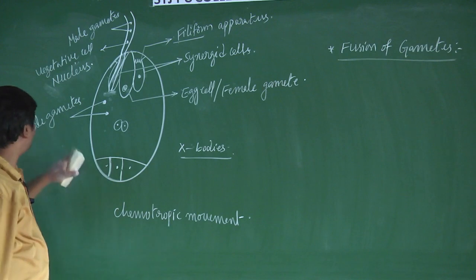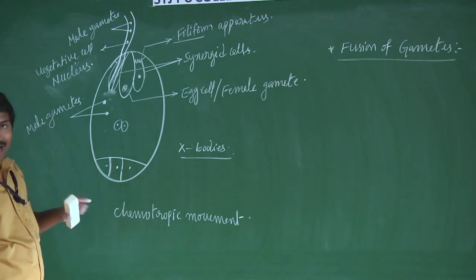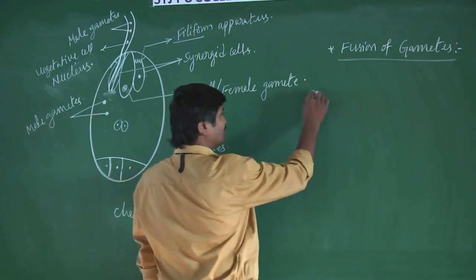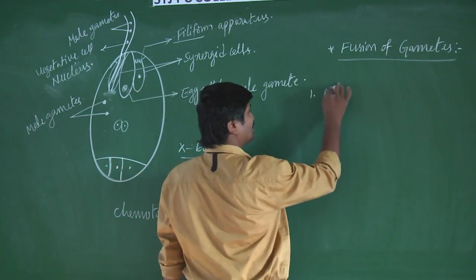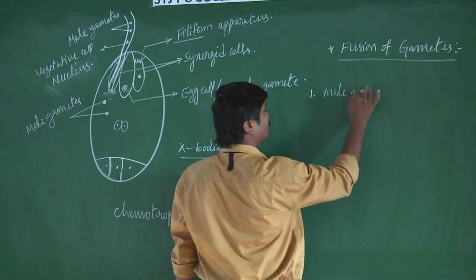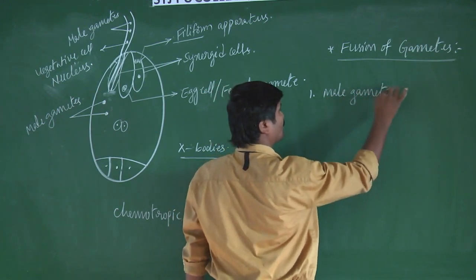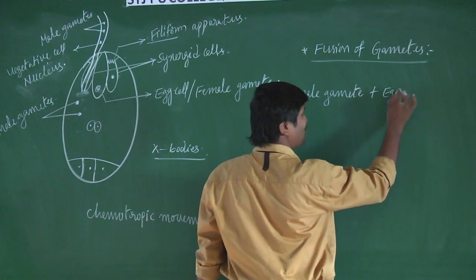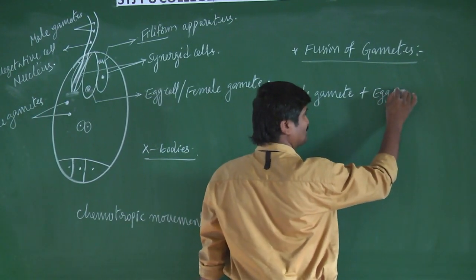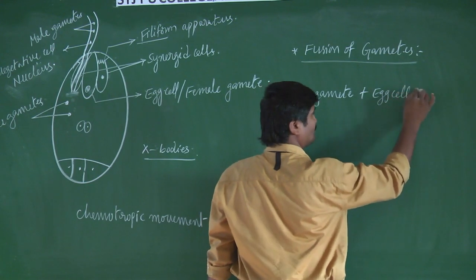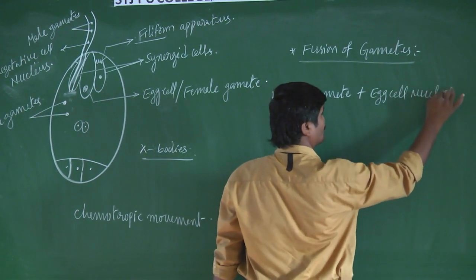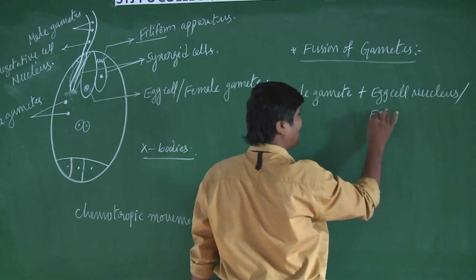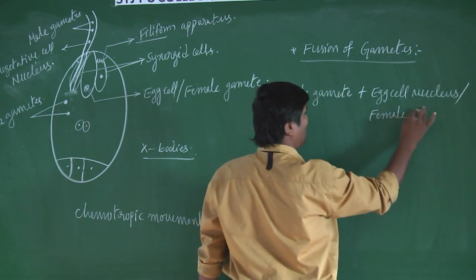First fusion. See here. Of the two male gametes, one male gamete fuses with the egg cell. The male gamete fuses with the egg cell nucleus, or female gamete.